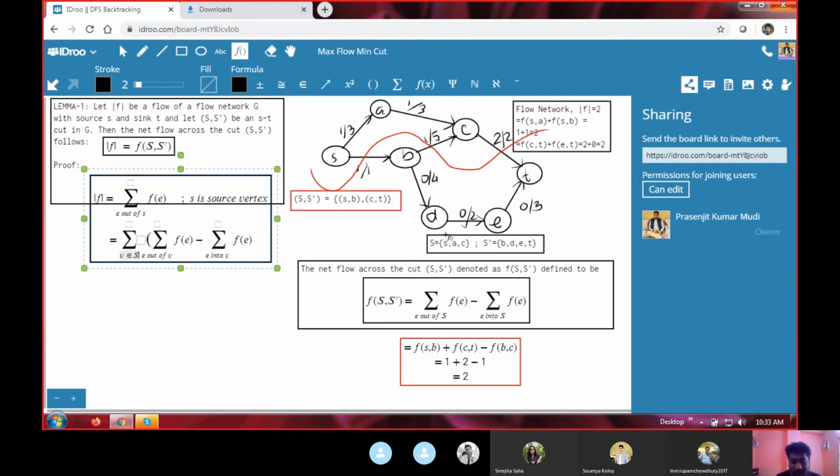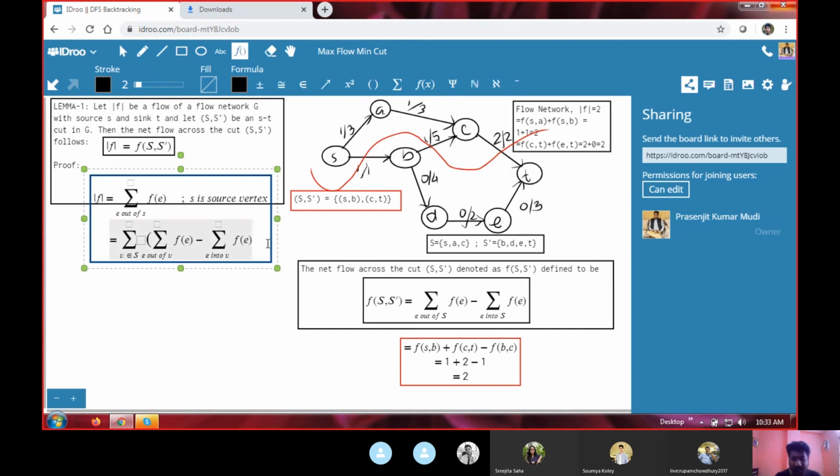For all these three vertices, if I take an intermediate vertex v belonging to this capital S, you sum up all the flow of edges coming out of v and you sum up all the flow of edges going towards v and find the difference. Okay, and that is equivalent to this summation.